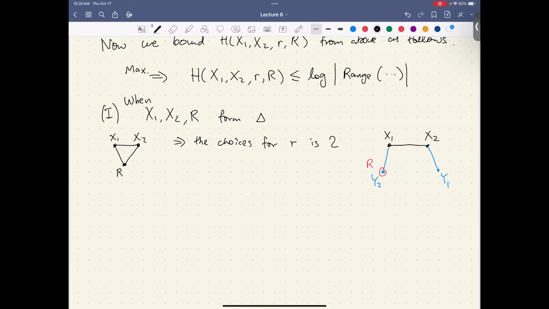Once again, if they form a triangle, then capital R could be either one of these. We don't know. So little r could be either 1 or 2.